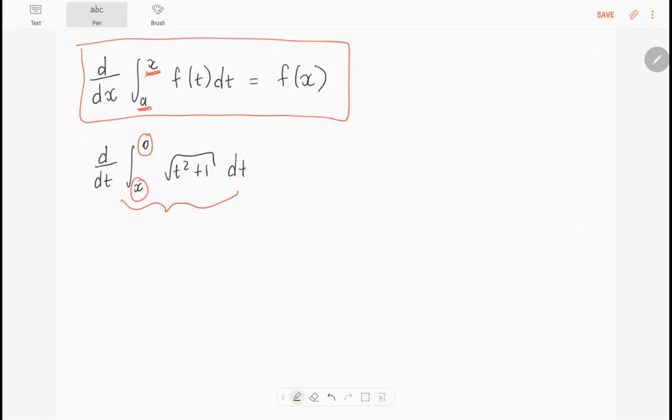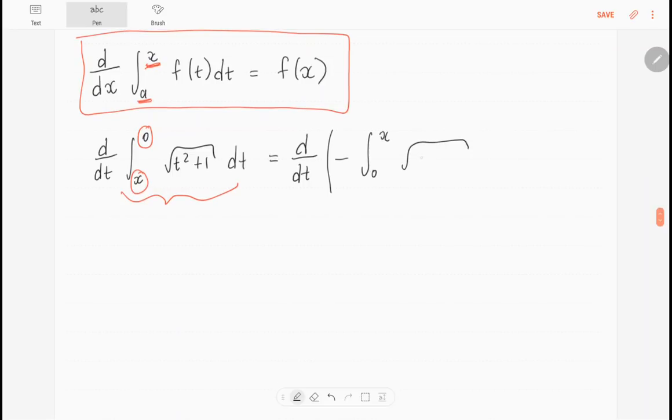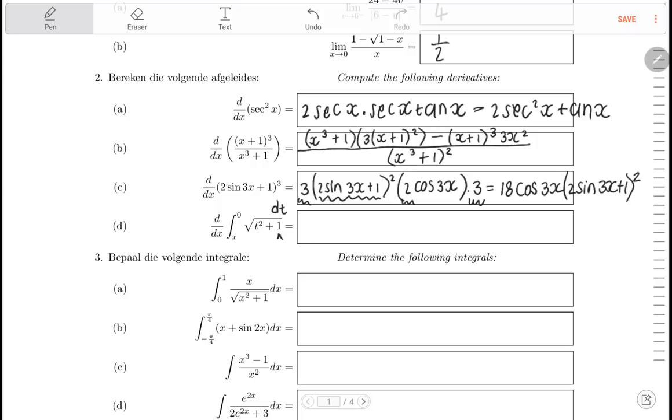So we can write this as the derivative of minus the integral from 0 to x, the square root of t squared plus 1 dt, and we can take out our negative in front. So in other words, we can write it like this. And then this is simply going to be minus the square root of x squared plus 1.